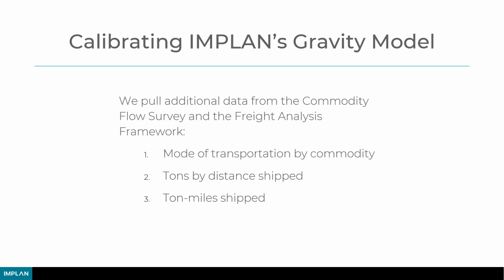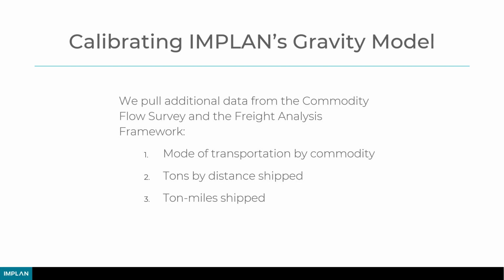And then after determining the appropriate value and functional form for that distance, we need to determine the appropriate value for B. And again, we're relying on data from the commodity flow survey and the freight analysis framework, and using data on the value, tons, total miles moved by each commodity.